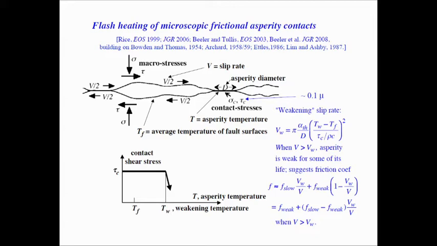So whatever the macroscopic stresses are that you apply, the local stresses at these contacts, which carry all the load, are far, far greater. In fact, it's thought that the normal contact strength is very close to the theoretical strength to plastically indent even a ceramic material like a rock.